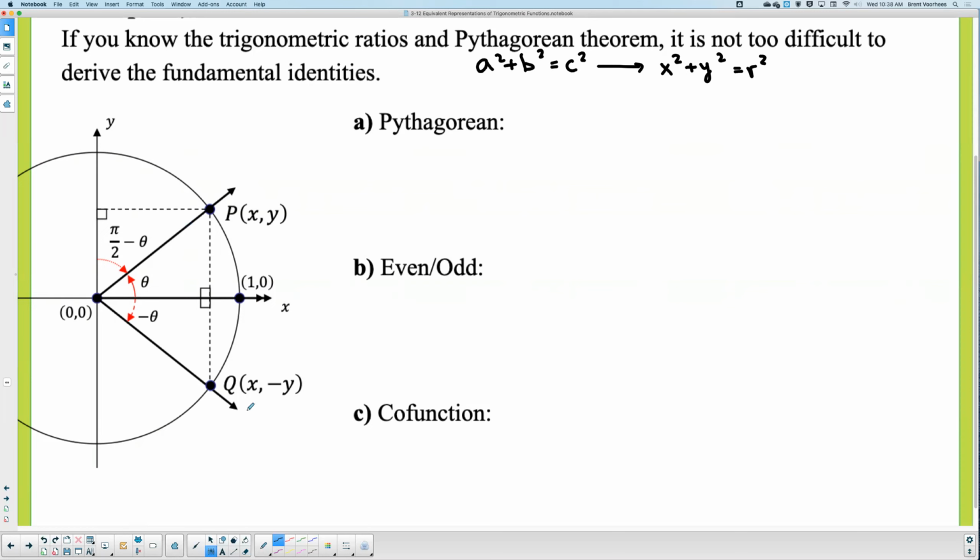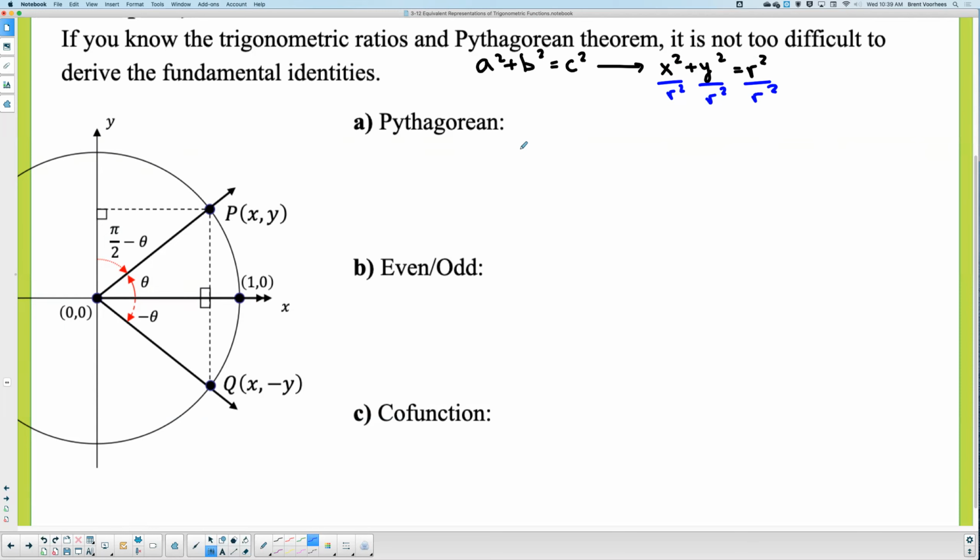Okay, there were three Pythagorean identities. Let me tell you how they derived those. What if we took this whole function and decided, you know what I want to do? I want to divide everything by R squared. You know, in math, you can do this. You just have to make sure if it's division, you divide everything by R squared. Well, what would I get if I divided everything by R squared? What is X squared divided by R squared? That would be a cosine squared, because X over R is cosine, so X squared over R squared is cosine squared.